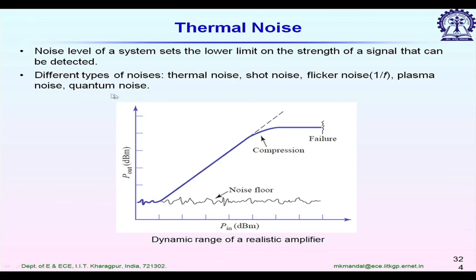And then quantum noise, due to the quantized energy levels of charge carriers, but again its contribution is negligibly small. As I said, the contribution of thermal noise is highest, so mainly in this class we are going to concentrate on thermal noise. It's also known as Nyquist noise or Johnson noise.